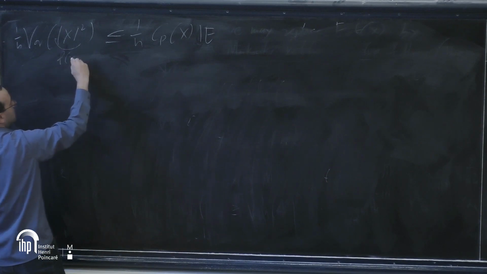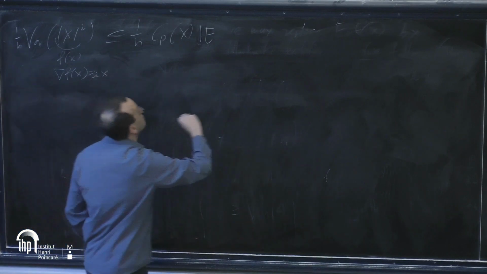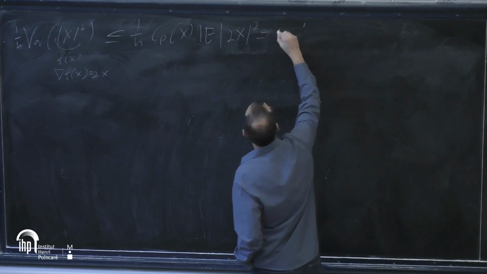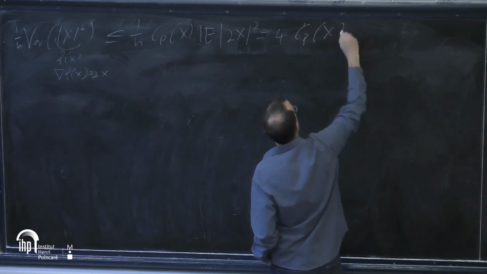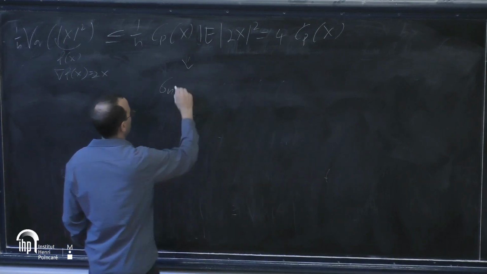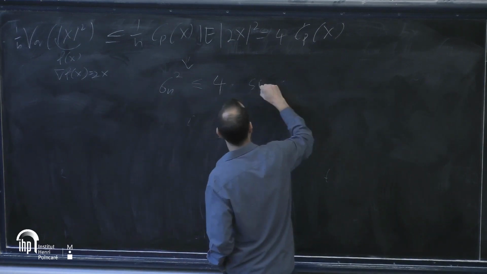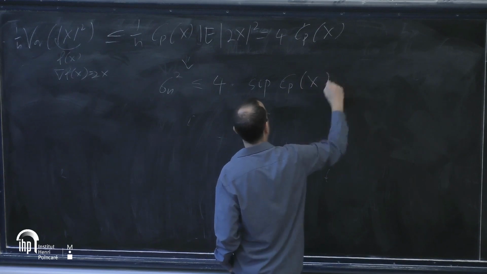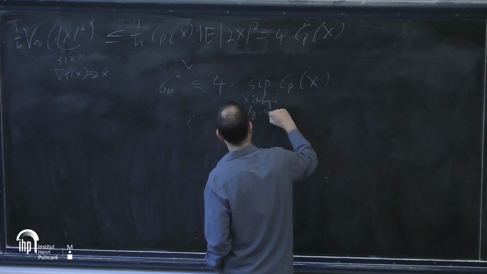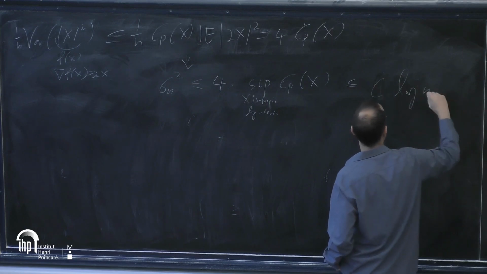If this is f of x, its gradient is, as Joseph said yesterday, 2x. So I get 4|X|^2 over n, which will be 4 C_p of X. So what we get is that sigma n squared is smaller than 4 times the supremum of the Poincaré constant of X, where X is log-concave, which is at most constant times log n by what we saw yesterday.